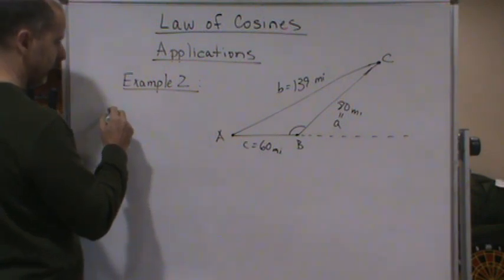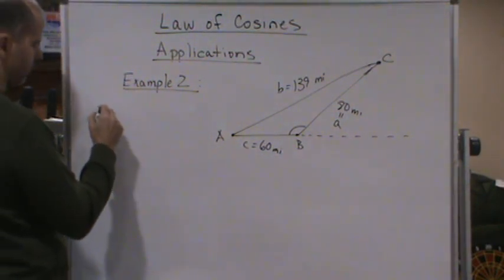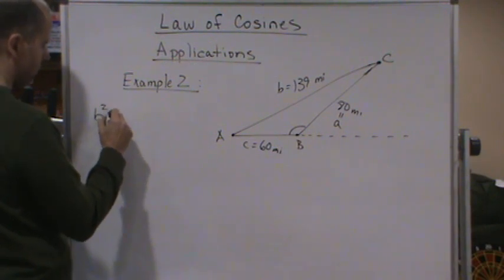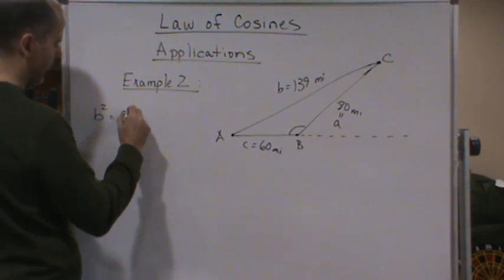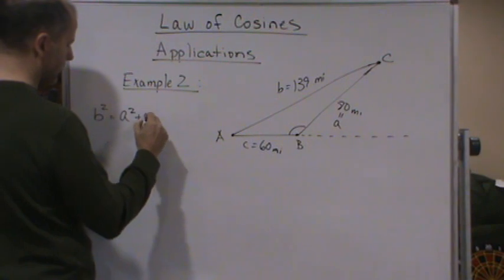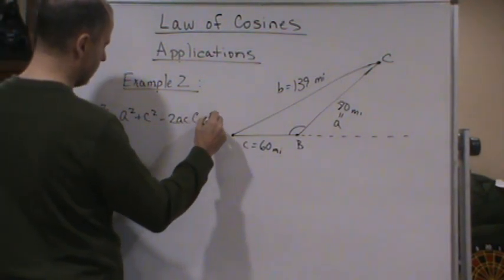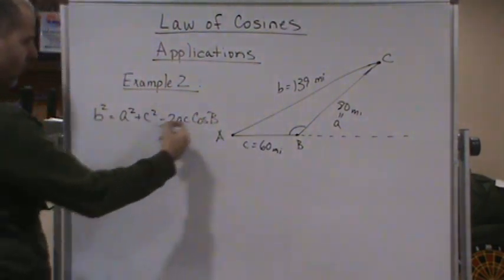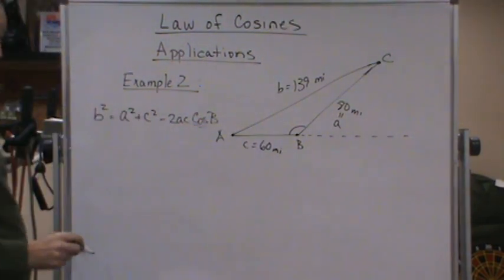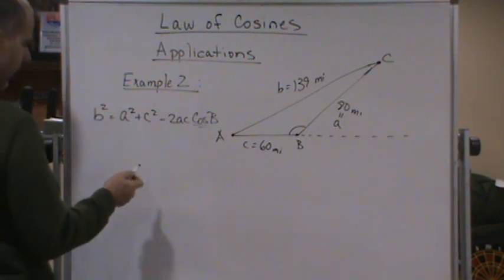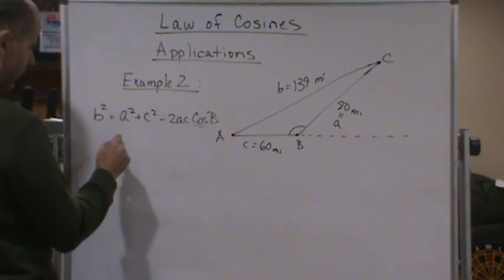If it helps you, just write it out with B. Since we're dealing with cosine B, it'll be B squared equals what? A squared plus C squared minus 2AC cosine B, right? And just solve for B. If you don't remember the alternate form, just solve for cosine B, right? So in this case here, it'll be what?